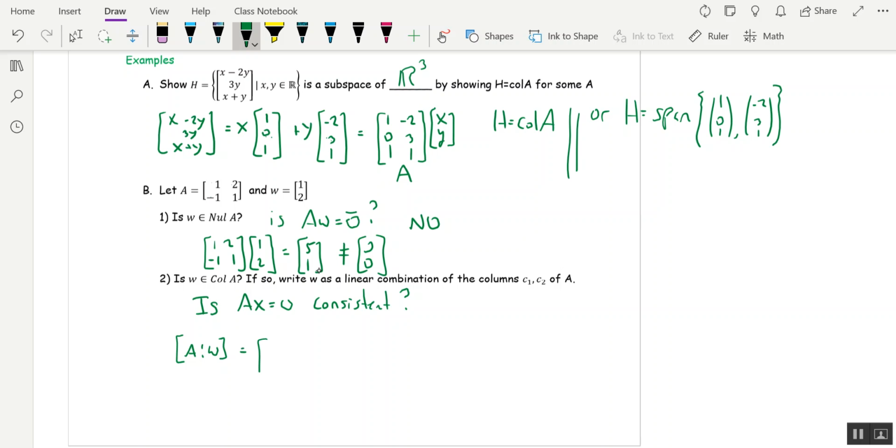So A is 1, 2, negative 1, 1, and W is 1, 2. We're going to reduce: leave the top row alone, add the first row to the second row, and replace the second row with that sum. Now I'm going to divide the second row by 3.